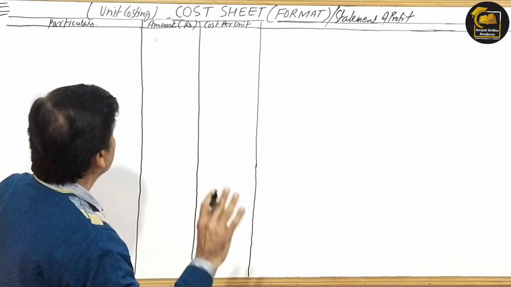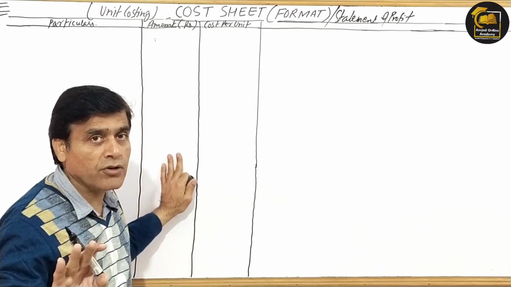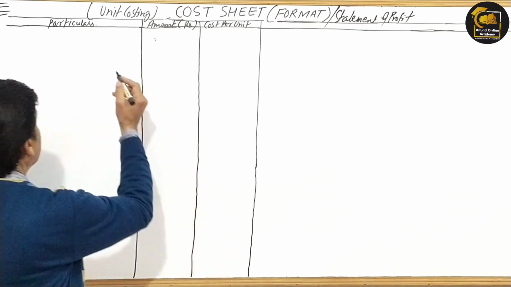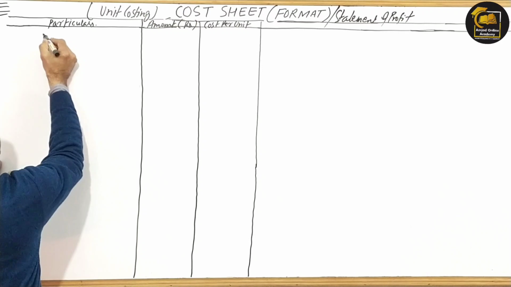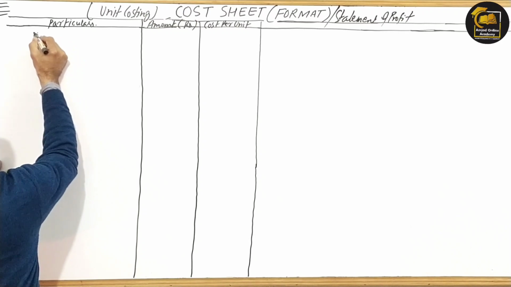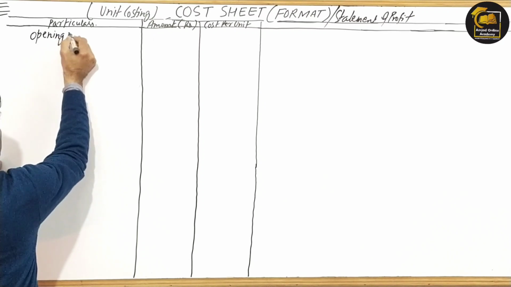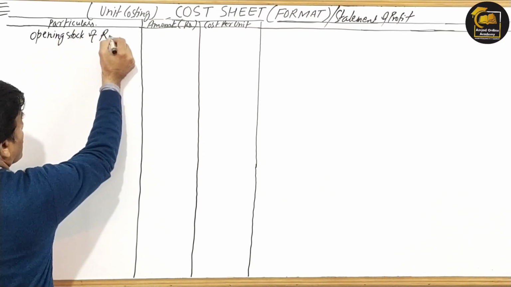So I am starting. There are actually four primary main heads of the cost sheet. I am going to describe one by one. Now let me start where the cost sheet starts from. The first item is opening stock of raw material.